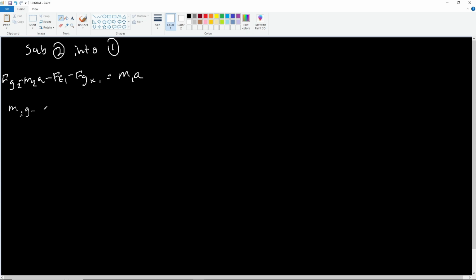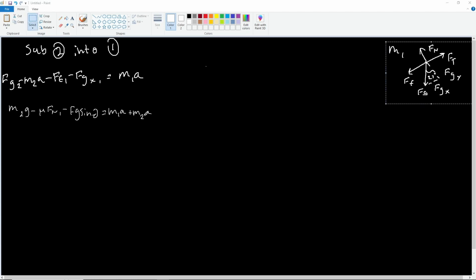So Ff1 is mu Fn1, as we recall from the formulas, minus Fgx1, which would be Fg sine theta, and we bring that M1A plus M2A. And give me 1 second, let me bring over the diagram so it makes more sense.